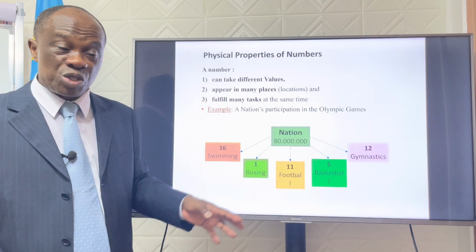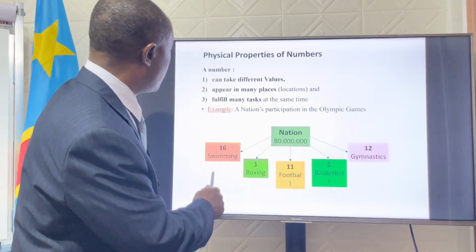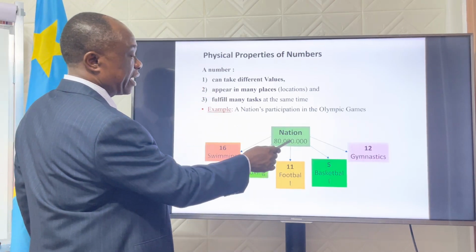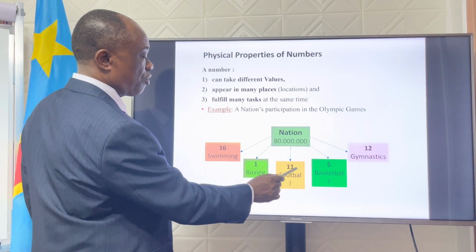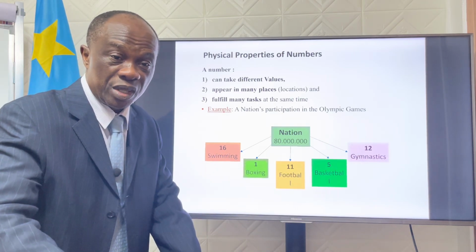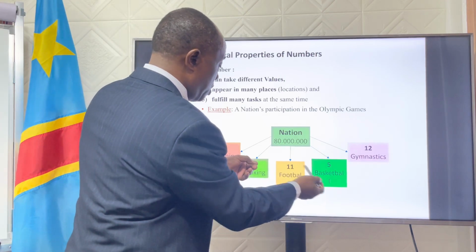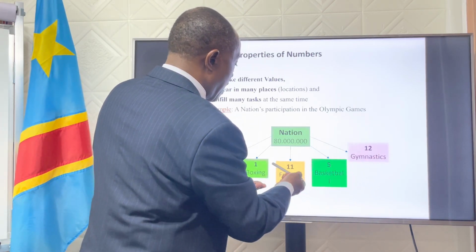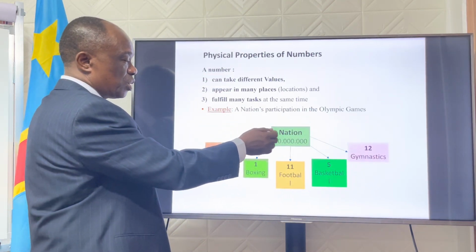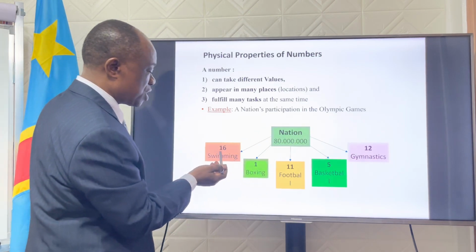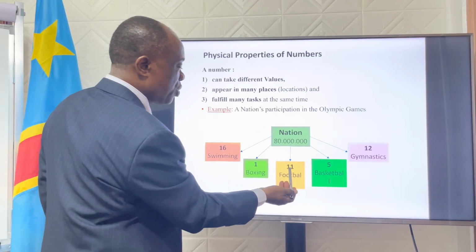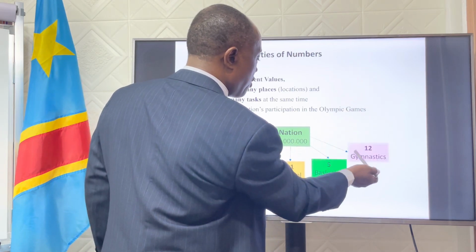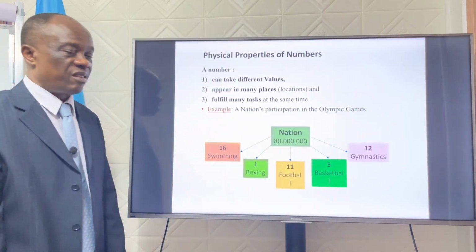So what we are trying to show here is that a number can take different values, all the values below it. All the small numbers here are below this. So 80 million can use 16, can use 1, use 11, use 5, 38, whatever.